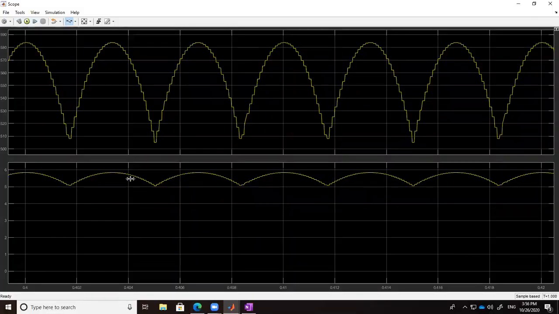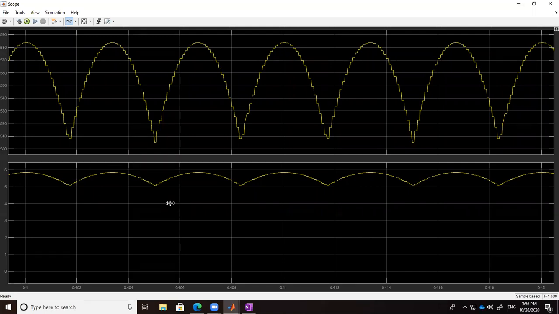just a minute, one line-to-line section is conducting. For example, during this section, AB is conducting, then BC is conducting, then CA is conducting, right? Then CB is conducting. So this way, line-to-line sections are conducting. So that way we make it 6 pairs.